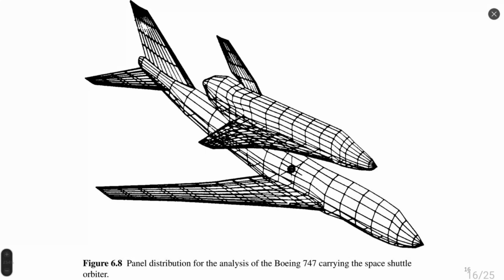So this was a huge advancement in computational methods. Nowadays, since we have powerful computers, this method is substituted by CFD, which is much more accurate.